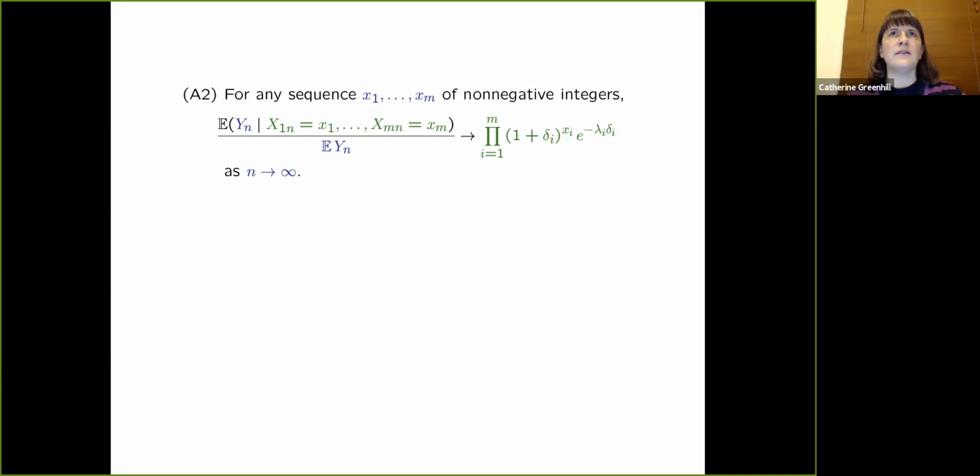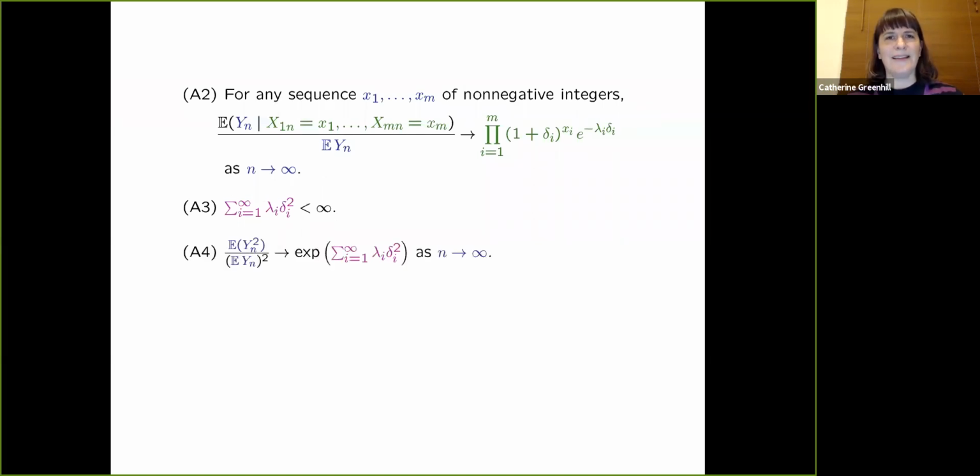There's a way of rephrasing this where the thing in the numerator is the expected value of Y_n multiplied by a bunch of falling factorials of the X_i's, and that makes the delta_i's a little bit easier to see or to figure out what they are. So that A2 is how the random variable Y_n interacts with these X_i's. And the third thing is that once you have these constants lambda_i and delta_i, and you sum up lambda_i delta_i squared, it has to be finite. Okay, fine.